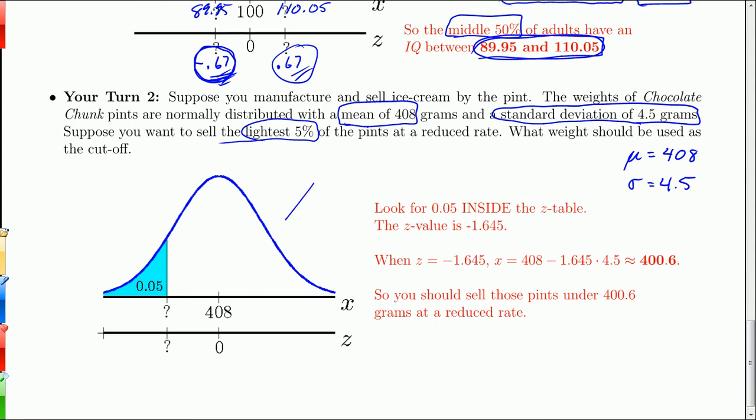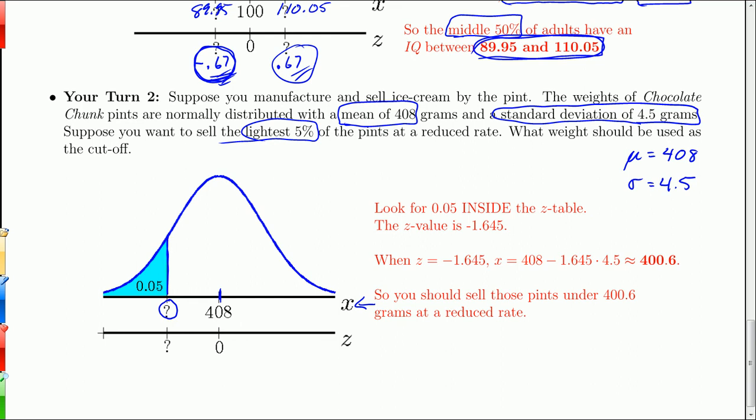So we draw our normal curve. It doesn't have to be perfect, just has to look sort of bell-shaped and symmetric. We know that for our x value, which is the weights of ice cream, the mean is 408, and I want the value that separates the lowest 5%, 0.05, from the rest.